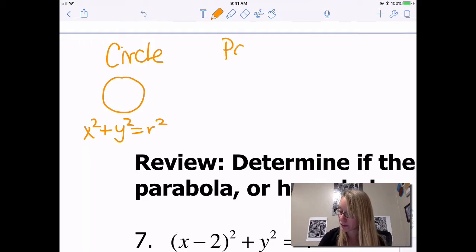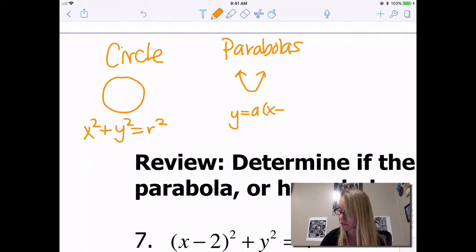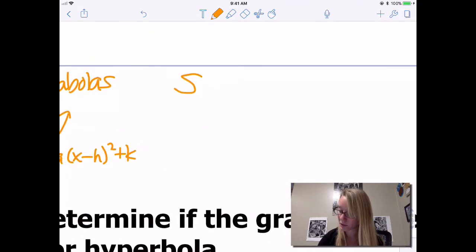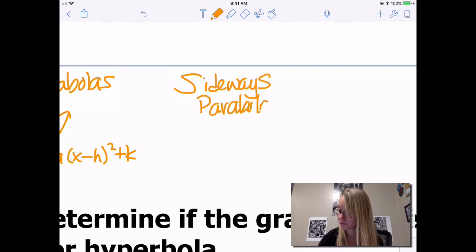Then we've got parabolas. Regular parabolas kind of look like this. This is y equals a(x minus h) squared plus k. Then we've got sideways parabolas, which is x equals a(y minus k) squared plus h.